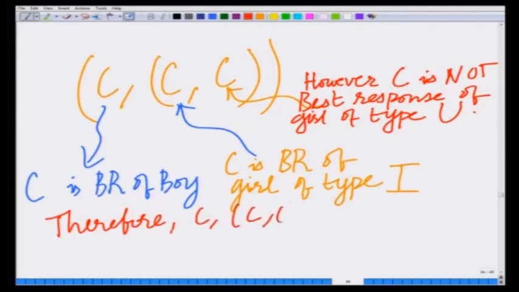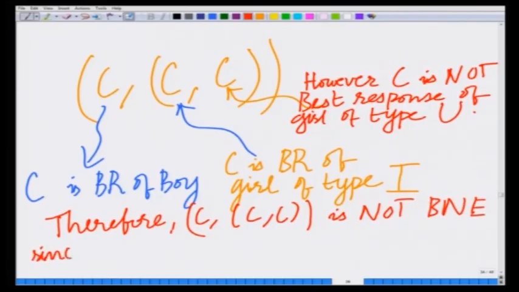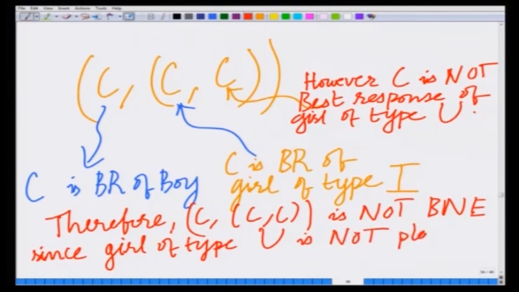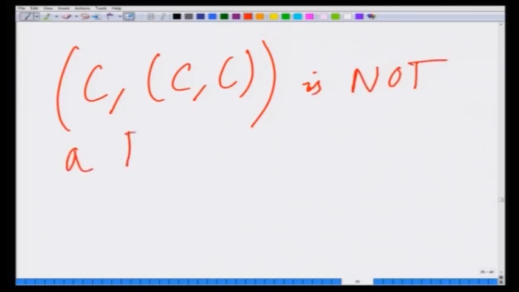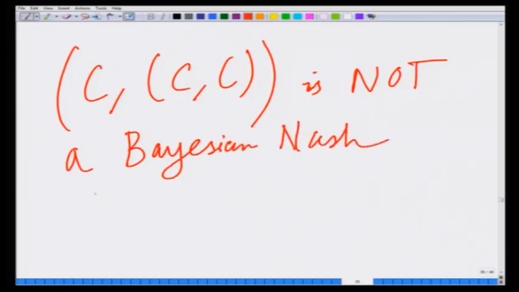Therefore, C comma C comma C is not a Bayesian Nash equilibrium, since the girl of type U is not playing her best response.